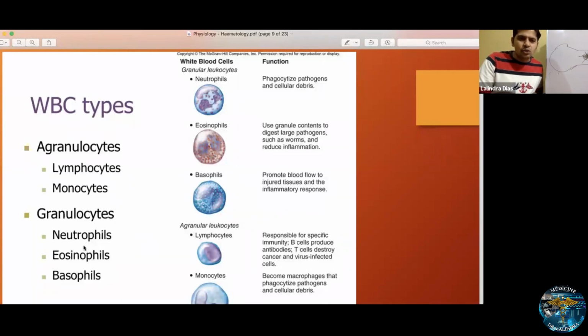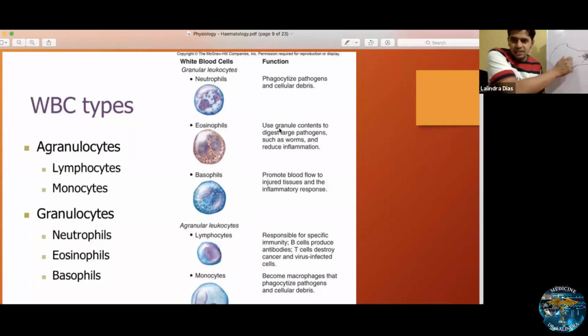What are they? Granulocytes, the three granulocytes I told you, neutrophils, basophils, and eosinophils. And also you have the agranulocytes, that's lymphocytes and monocytes. Their individual functions are again mentioned here, but I'm not going to go through that because I have already explained that to you.